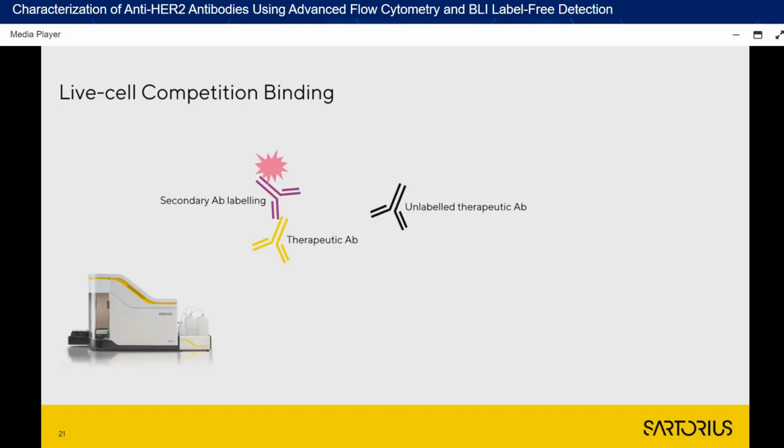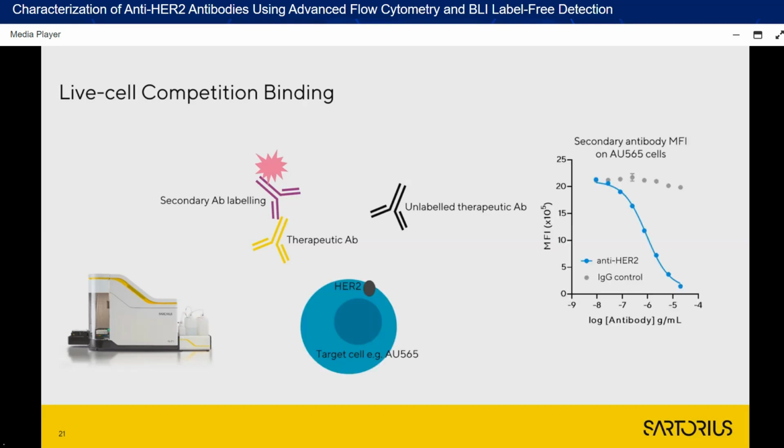Then we mixed those with a range of concentrations of unlabeled anti-HER2 antibody, and then mixed with our target cells. And this meant that we were measuring a decrease in MFI to give an indication of whether competition had occurred between that labeled antibody and the unlabeled antibody.